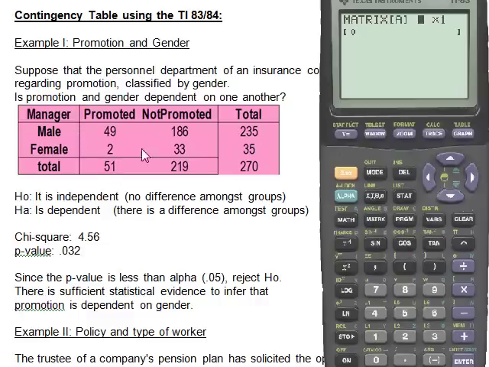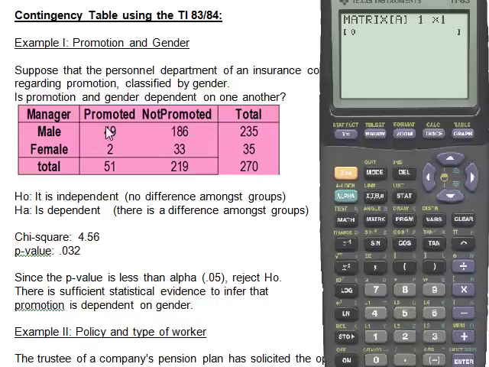So it's a 2 by 2 matrix. These are just the totals. We have 49 males promoted and 186 males not promoted, for a total of 235 males. And we have 2 females promoted, 33 not, for a total of 35 females. And total promotions is this, total not promoted is that, and total people is 270.